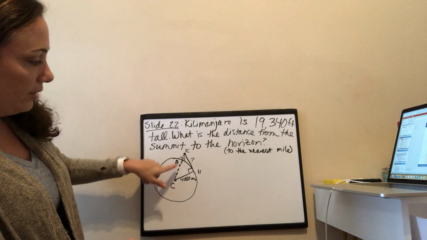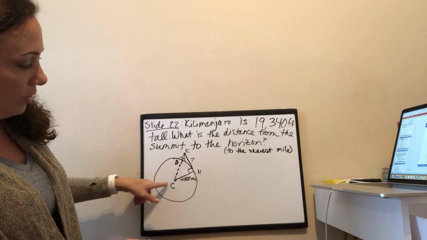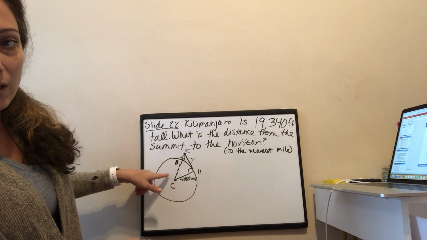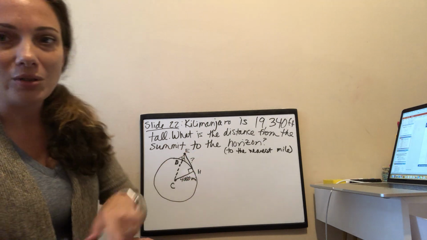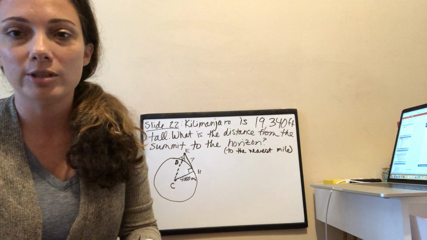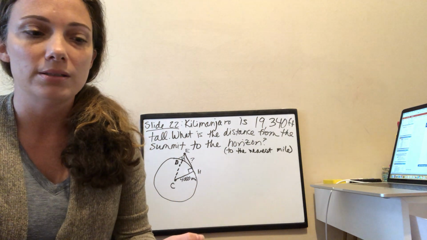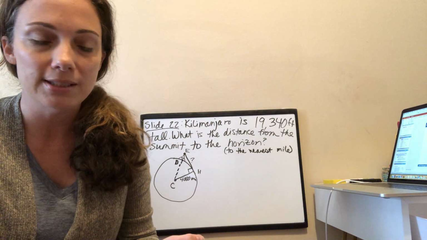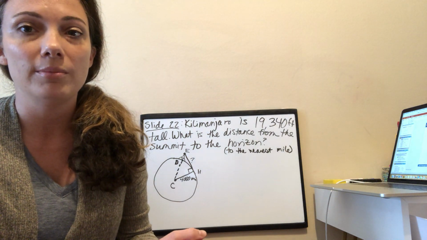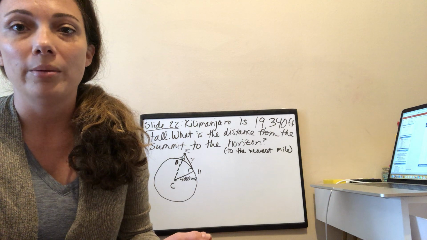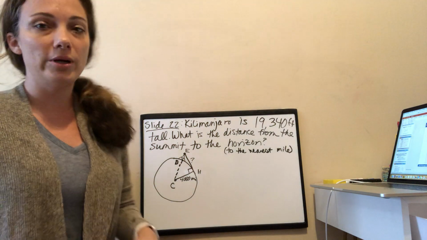So the fact that we know this tangent segment meets here with the radius at a 90-degree angle, we are going to form a right triangle. We learned so much about right triangles this year and ways to solve measurements and missing pieces of information about right triangles. So once we've established using that theorem that we have a right triangle, we can solve these difficult word problems. So just bear with me.